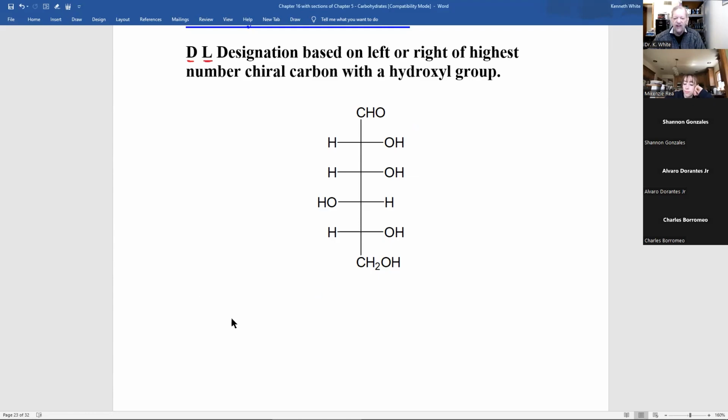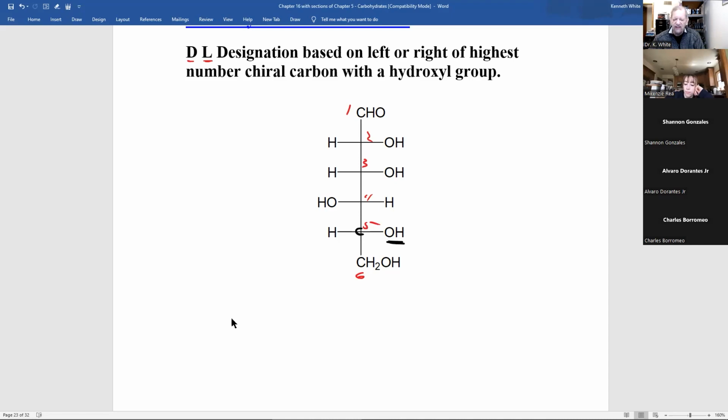Now, if we look at this aldehyde, the carbonyl carbon is 1, 2, 3, 4, 5, and this is carbon 6. Carbon 6 has 2 hydrogens, so it's not a chiral carbon. The highest number chiral carbon is 5.